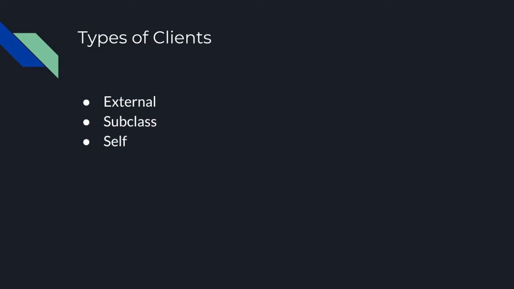And the last type of client here is self. The server should do its best to limit the number of methods that actually do the implementation, so that the other methods can also be not reliant on how the class is being implemented underneath.